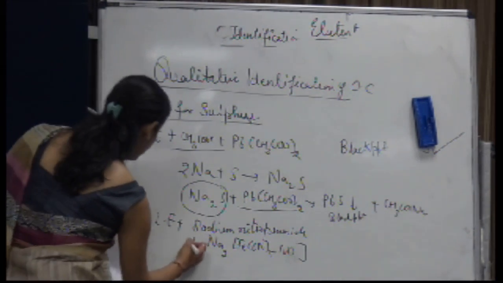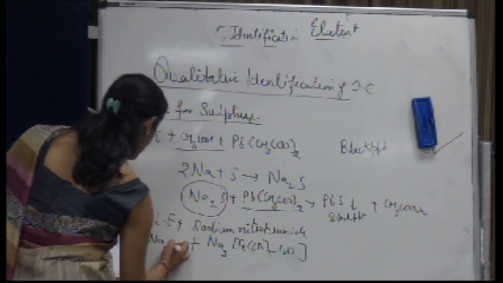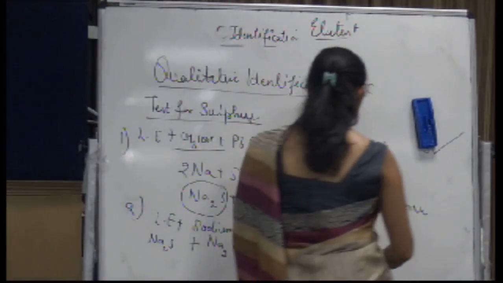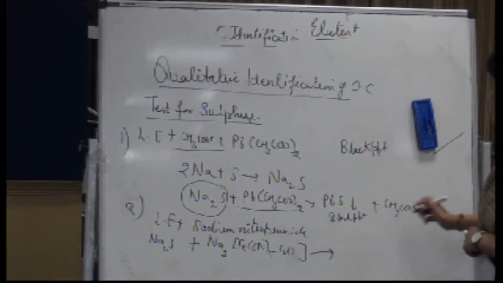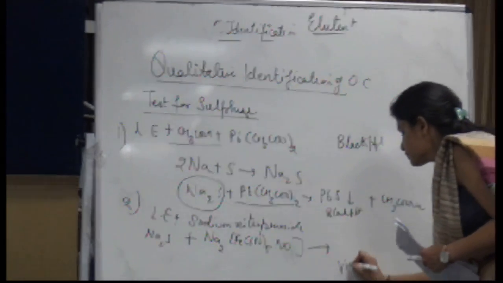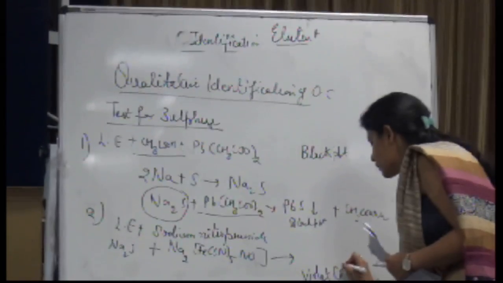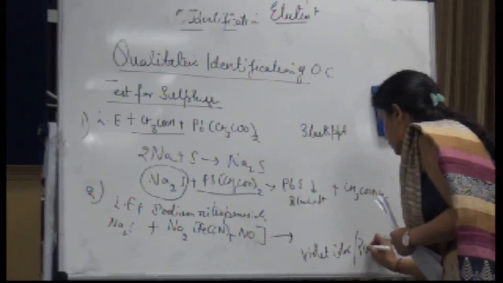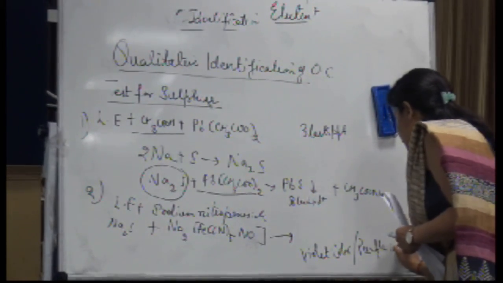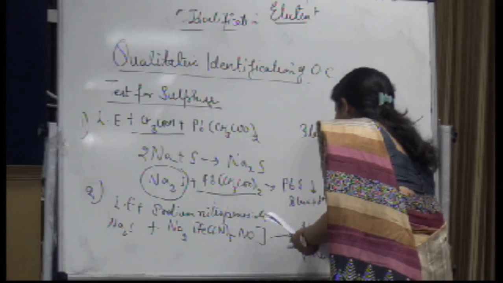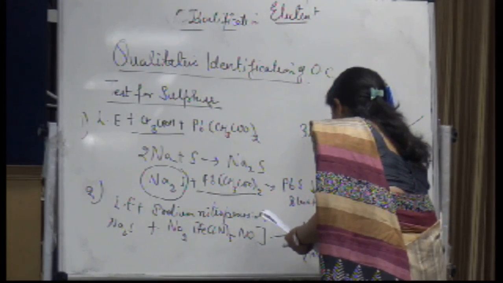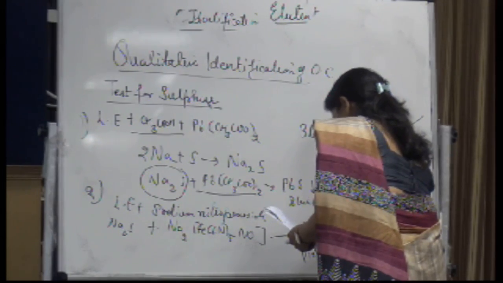This would react with Na2S to give a violet color compound, violet or purple color. What is the compound formed? Na4Fe(CN)5NOS.